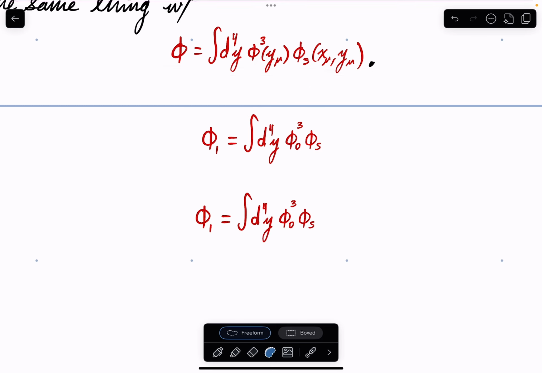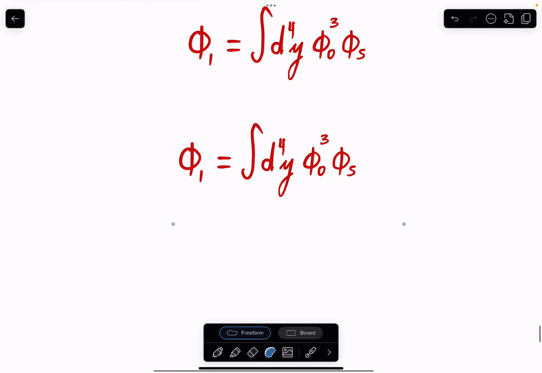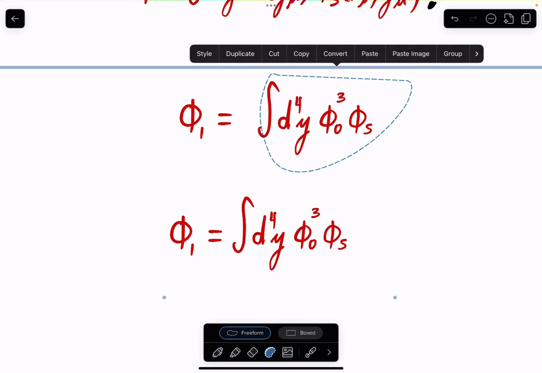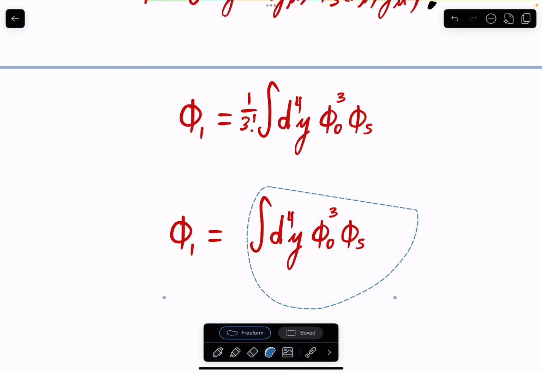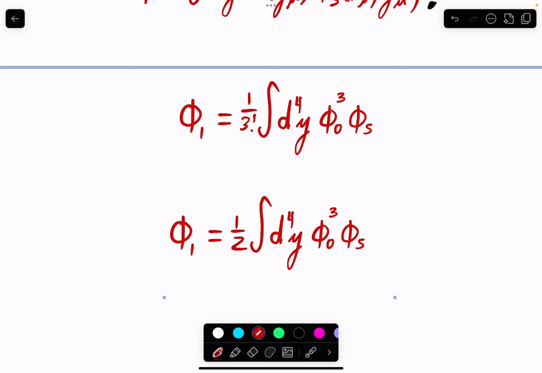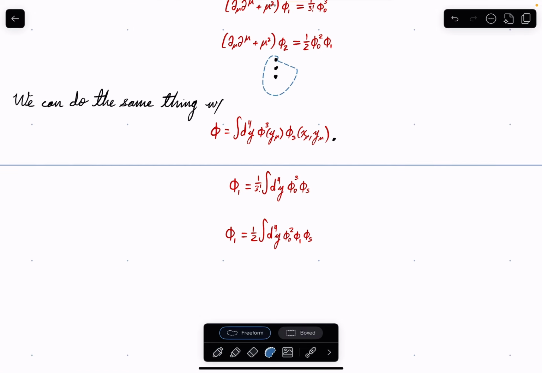And then here, this will have a factor of 1 over 3 factorial. This will have a factor of 1 over 2. Then you'll have phi naught squared, phi1, phi s. And so on and so forth.